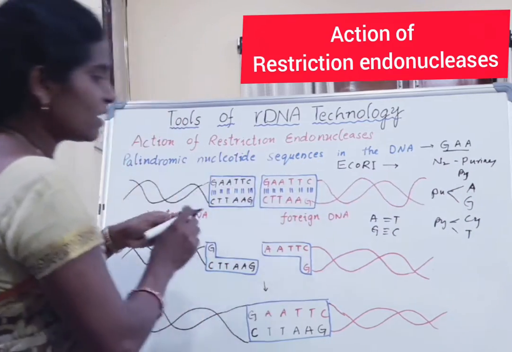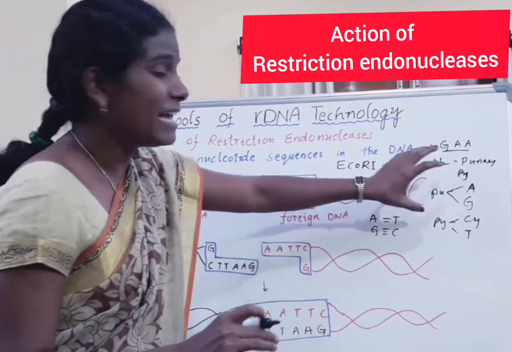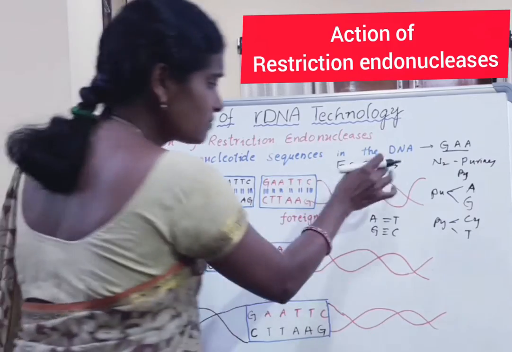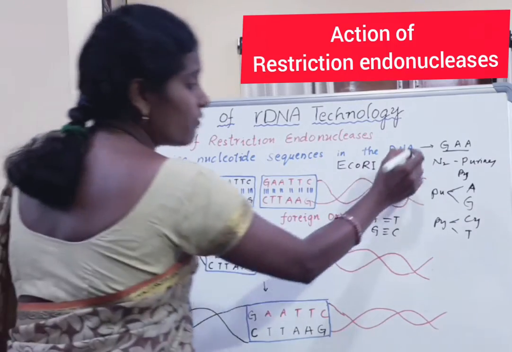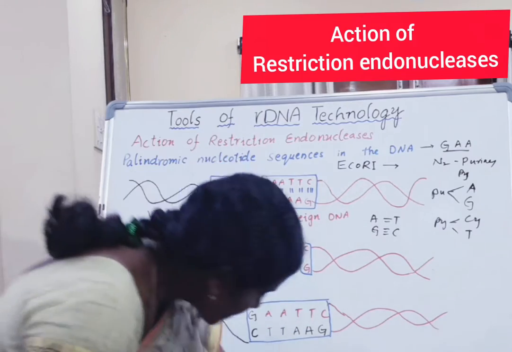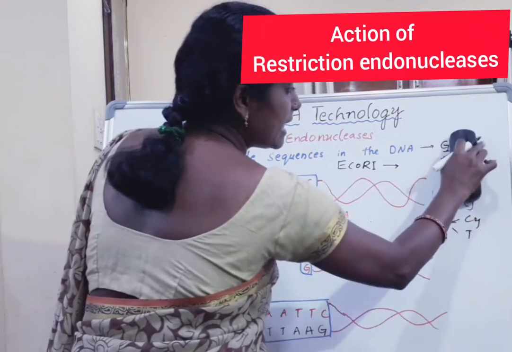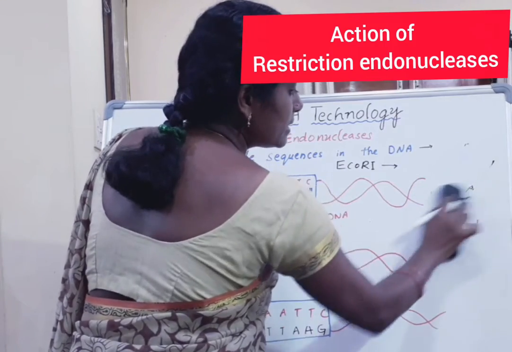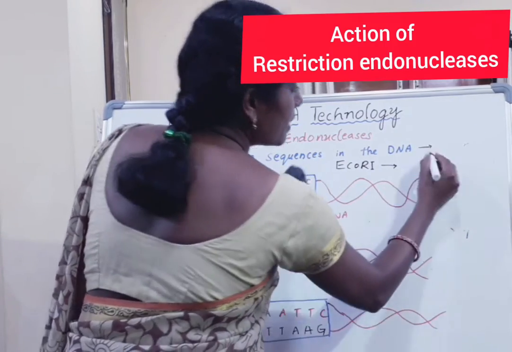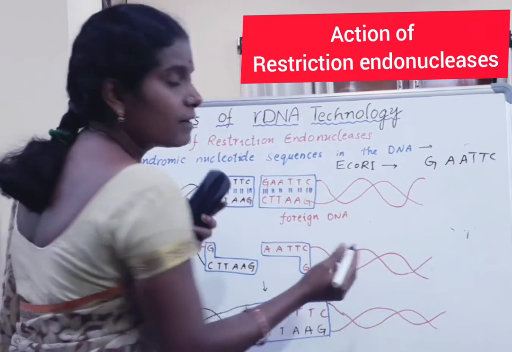In the DNA structure I am going to show how the base pairs get paired. By using EcoR1 we will get the sequence GAATTC.